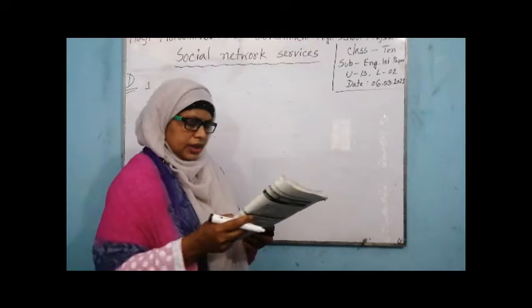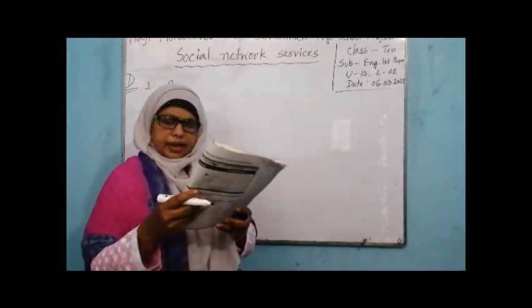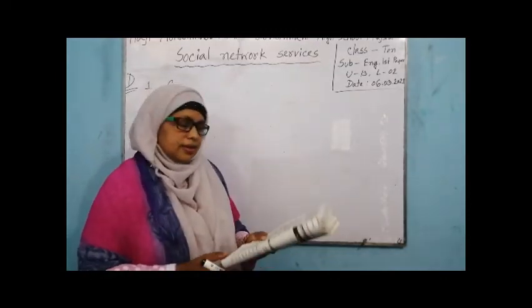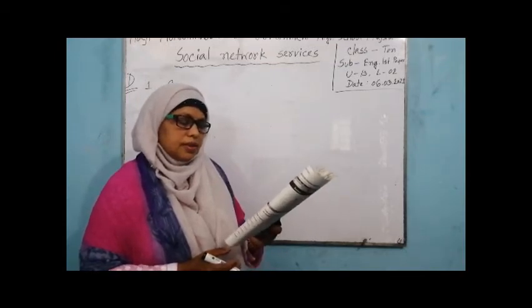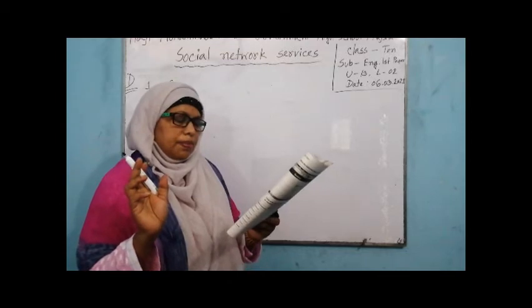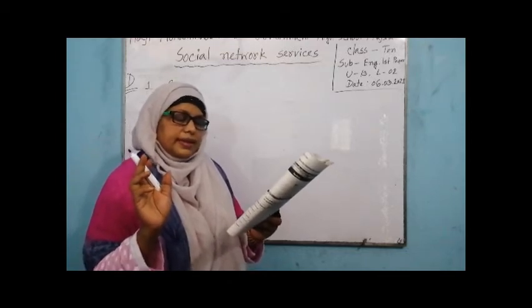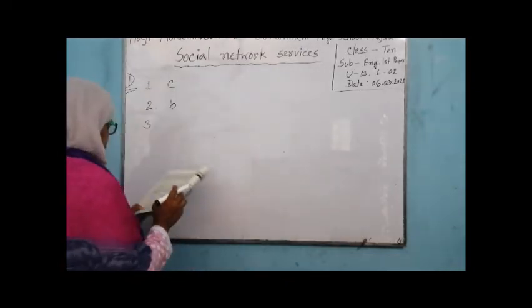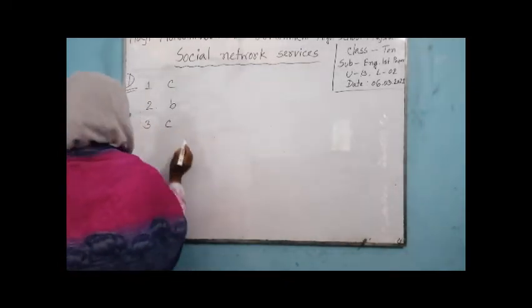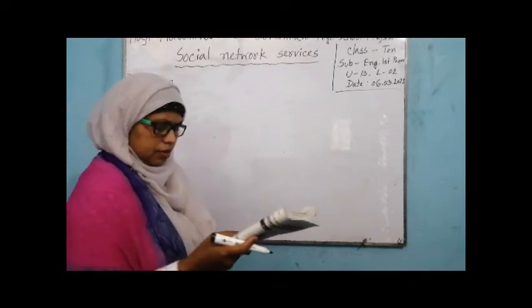3. User accounts have data protection measures. User accounts have number C. Fine. Personal secrecy. That means 3C. Number 4.